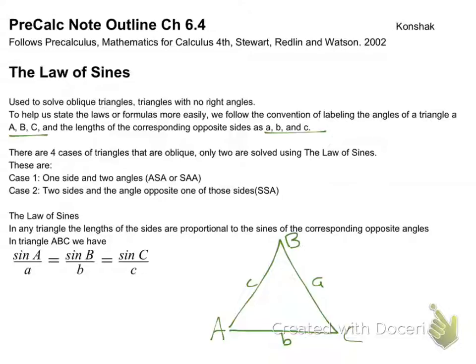So again, here's our formula. Our formula is sine of the angle over its corresponding side is equal to the other pairs. So the biggest thing about this is that you guys will try to come up with a pair, a pair of its angle and its corresponding side, and then only missing an angle or its side, not both.